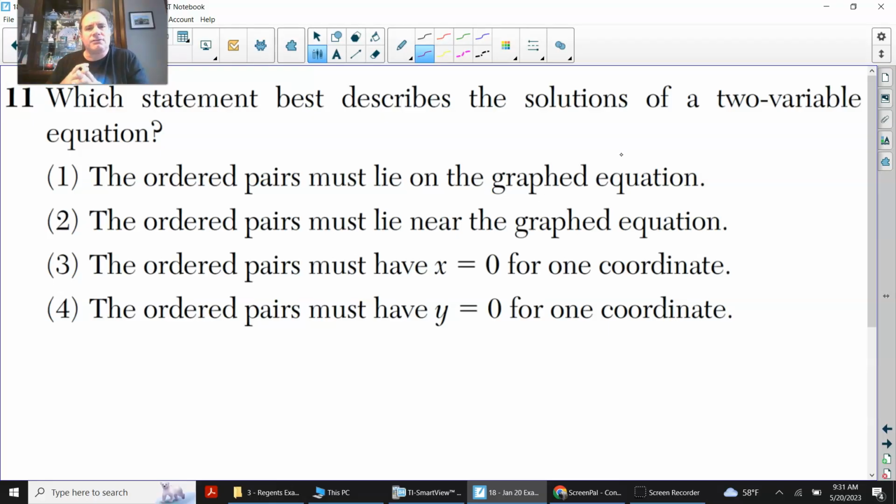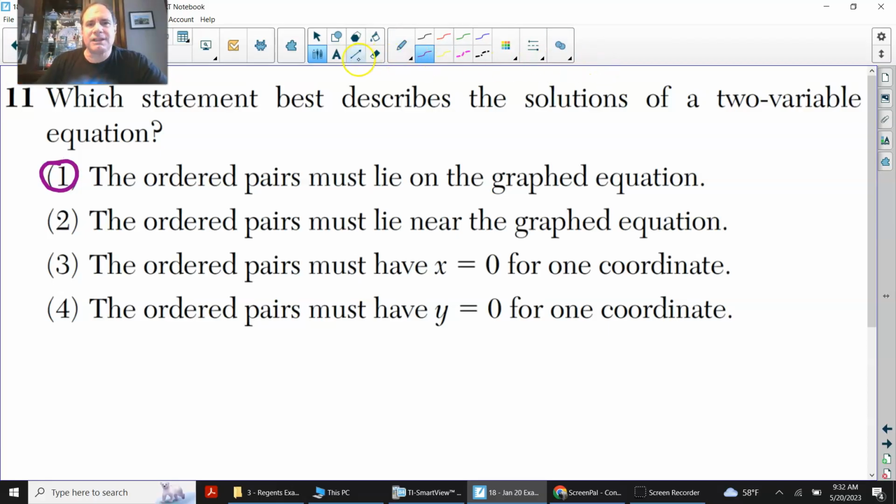The ordered pairs of the solution must be where? Are they going to be on the graphed equation? Are they going to be near it? Must they have x equals 0 for one coordinate? Do they have to have y equals 0? No. The ordered pairs must lie on the graphed equation.